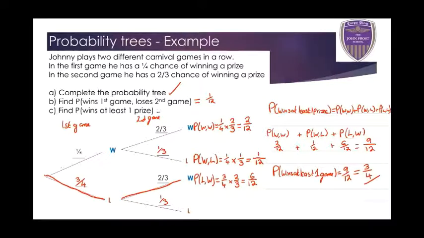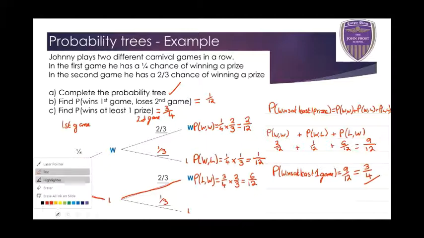Okay, so those are my final answers for these questions. The probability he wins the first and loses the second is 1/12. And the probability that he wins at least one prize is 3/4. Okay, so very well done if you got those, or if you figured that out yourself.